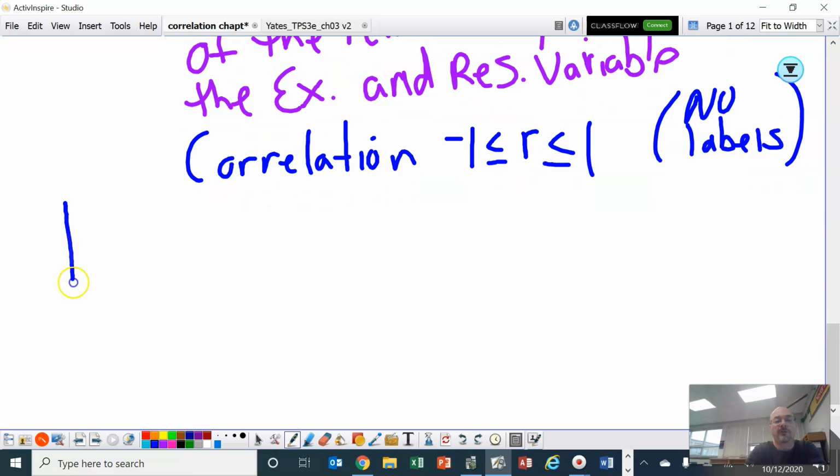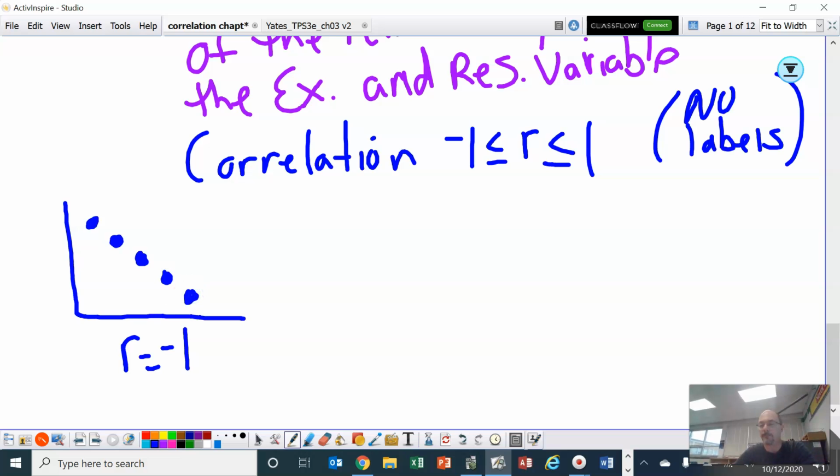For it to be a perfect -1, the dots would be in a perfectly straight line decreasing. To be a positive R of 1, the dots would have to be in a perfectly straight line increasing.